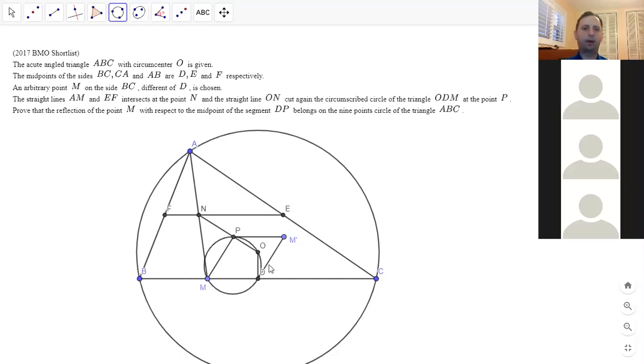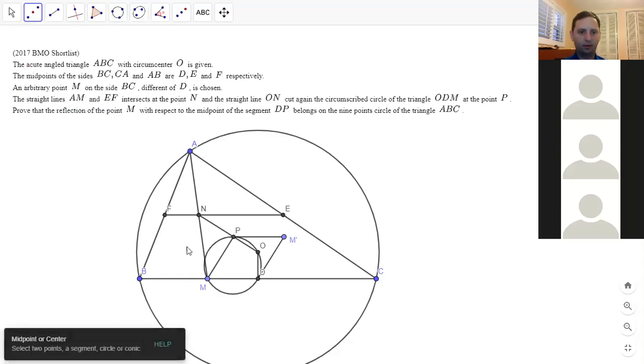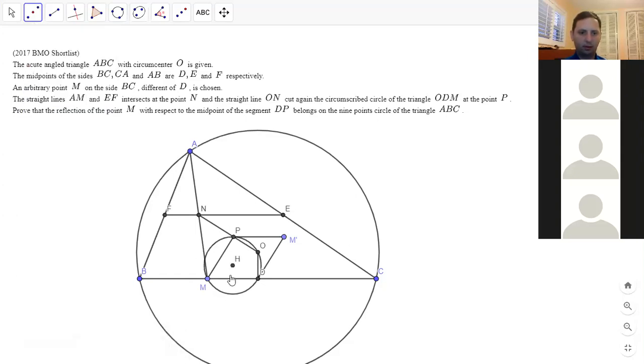Well, yeah, OM is the diameter of this circle. Maybe it's worth drawing the center of it. Because then, just a guess, NH is parallel to OA. I don't know if that helps.